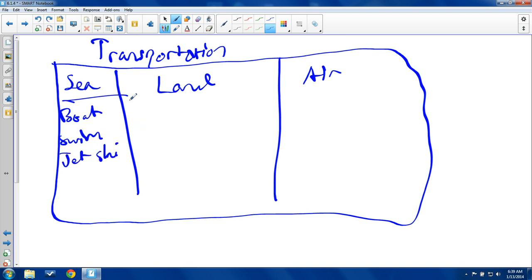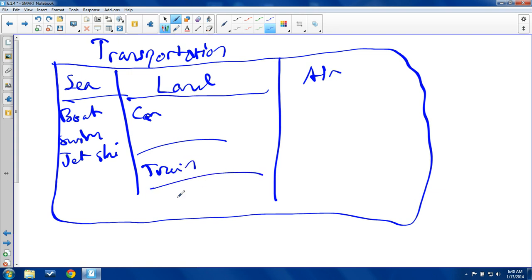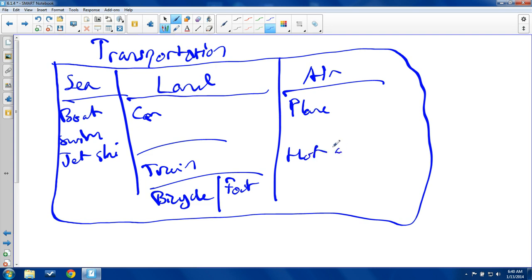I can do all those different things. Land, I can go by car, train, bicycle, foot, stuff like that. Air, obviously, plane, hot air balloon, you can get really specific.